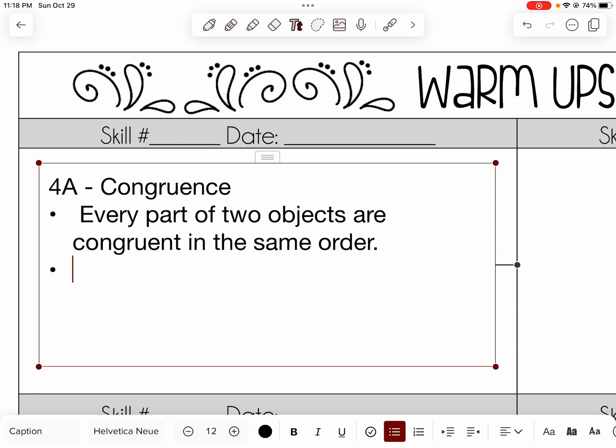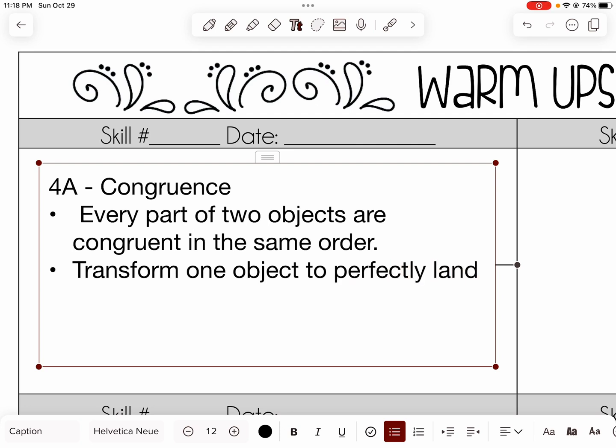But the second way that we can do it, the advantageous way, is to transform one object to perfectly land on the other. Okay, that's what we're going to want to do.